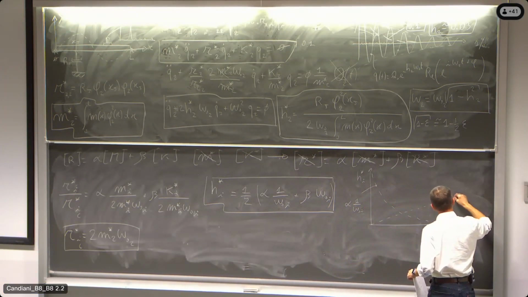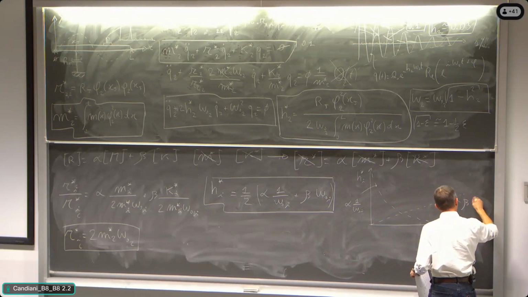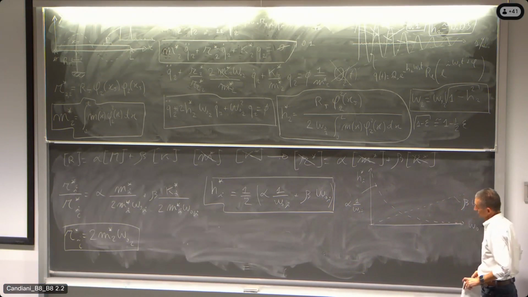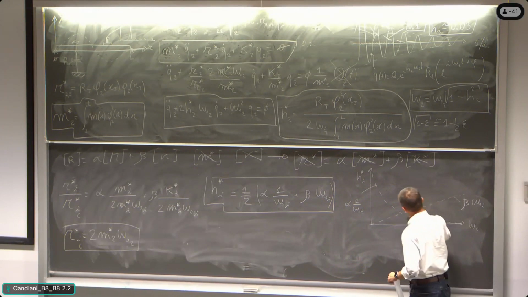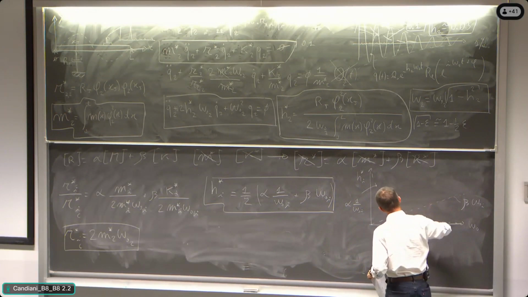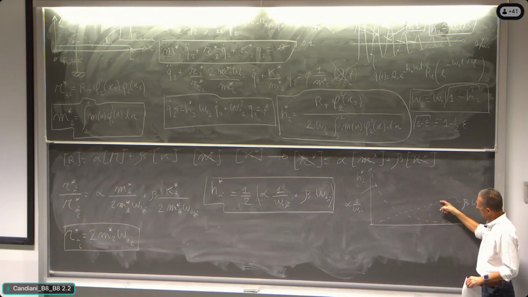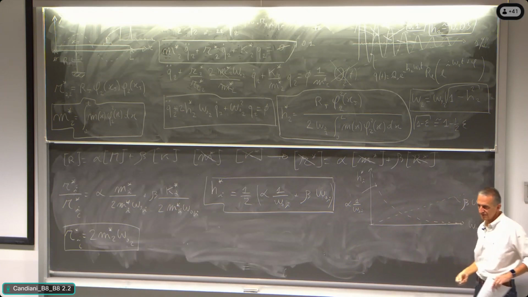And this is the term that is associated to beta, associated to the stiffness. And so the expected behavior is the addition of a behavior like that plus a behavior like that.